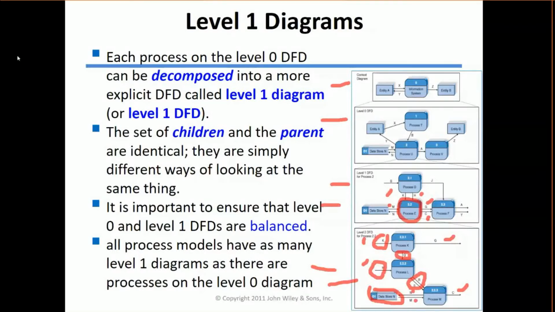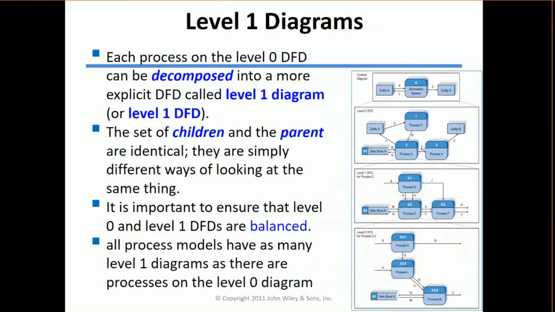You see, in this case very important point, that we further decompose the process 2. It doesn't mean that you leave the process 1 and process 3. In the same way, there will be another level 1 diagram which decomposes process 3, but that will be called level 1 diagram.